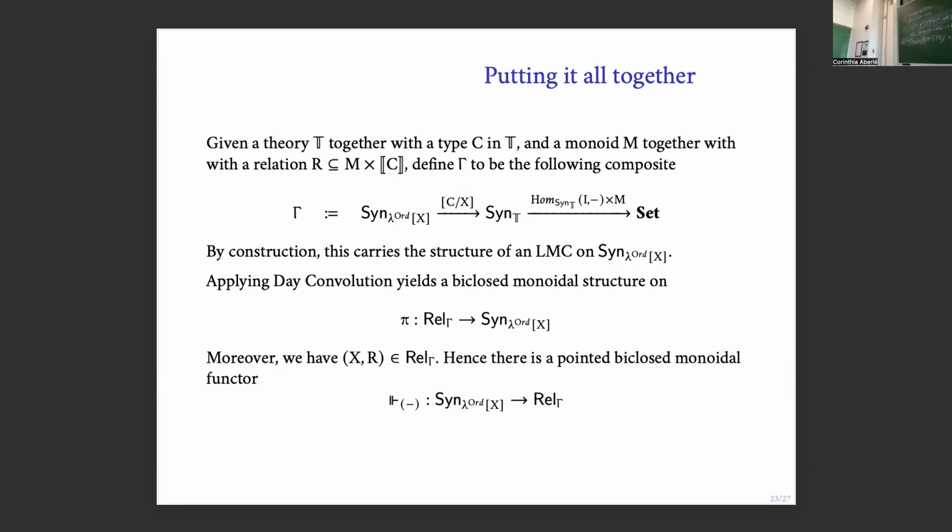So we have an object in there. So this is also a pointed biclosed monoidal category.